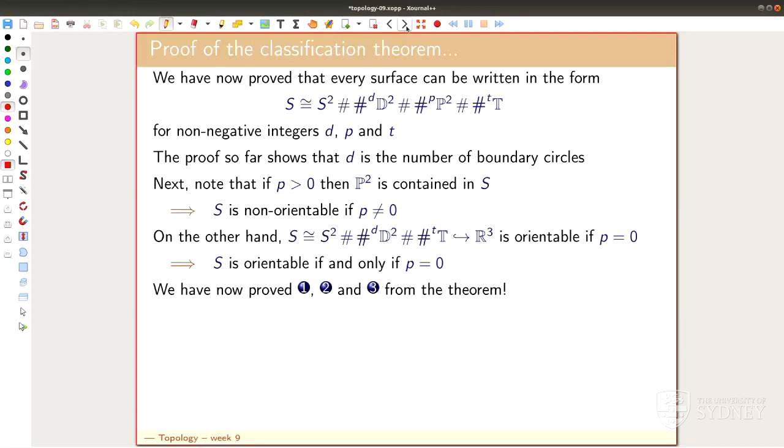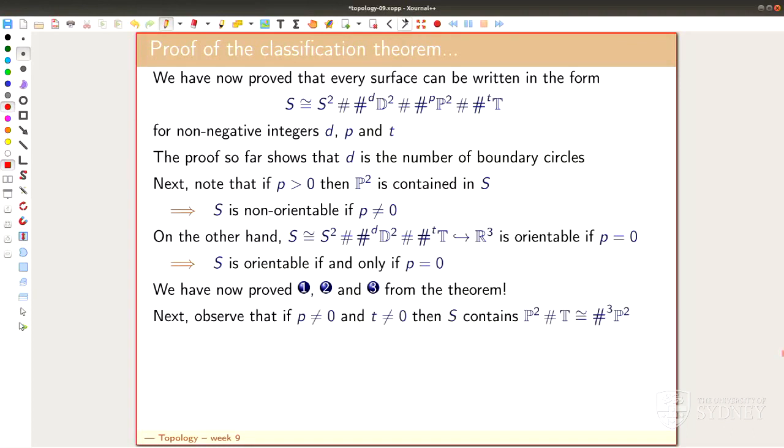Mind how kind of fantastic and strong this statement is. We have now classified all possible surfaces. Remember, like 2 weeks ago, that seemed like completely impossible, but it's not so difficult. And the whole trick is to use this funny hash to pull out the basic prime pieces of the theorem.